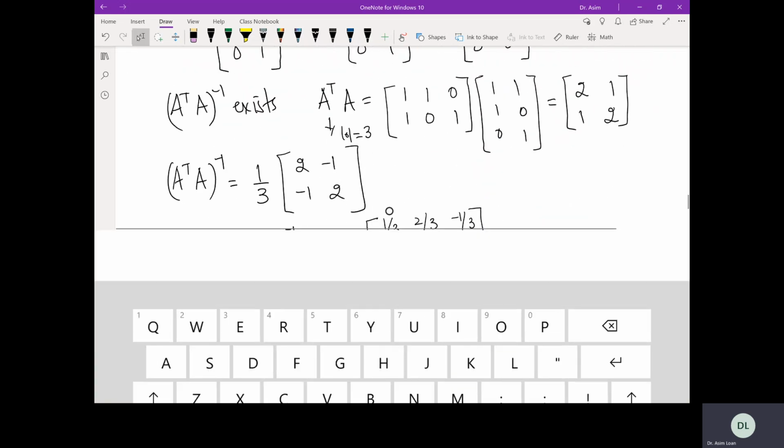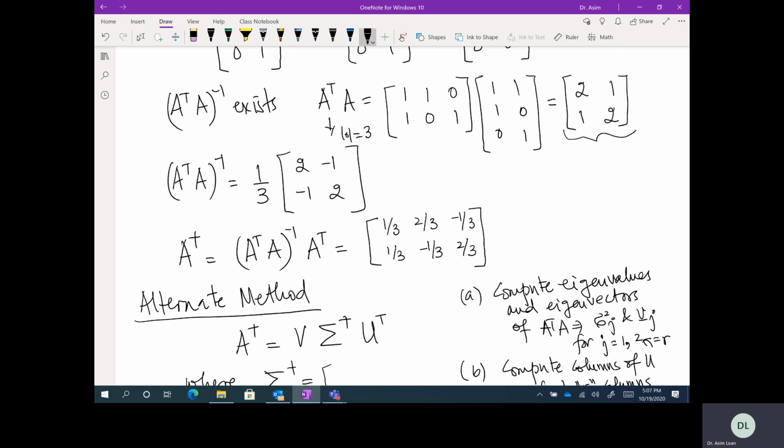So let me calculate the eigenvalues. So eigenvalues over here is 2 minus lambda whole square minus 1 square equals 0. So this implies 2 minus lambda minus 1 equals 0, or 2 minus lambda plus 1 equals 0. So this is lambda 1, this is lambda 2.